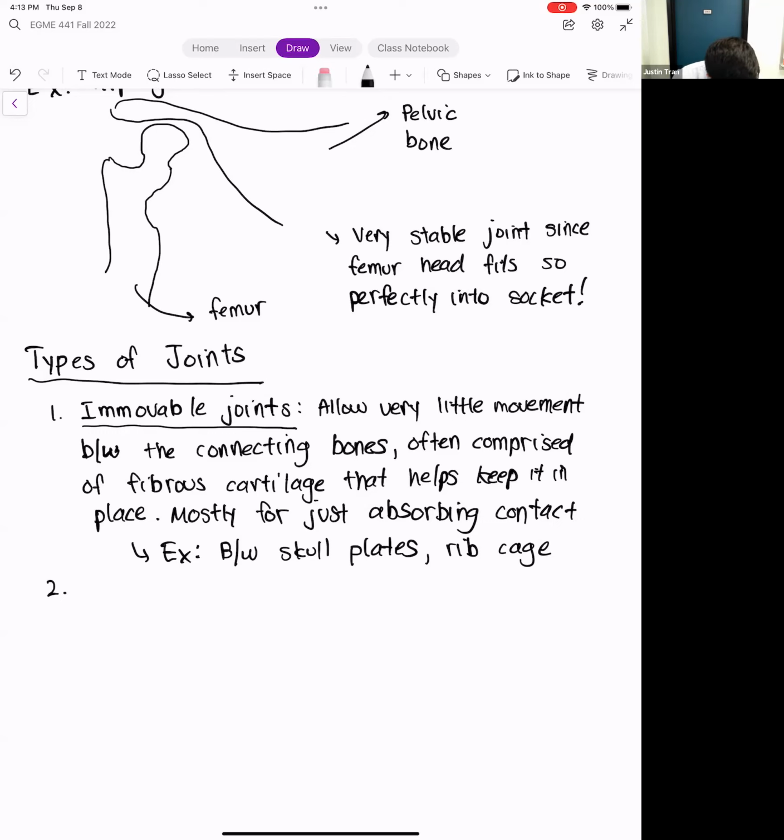Usually what you'll see is that one bone surface is going to be mostly convex and the other surface is mostly concave. So that helps form the hinge.